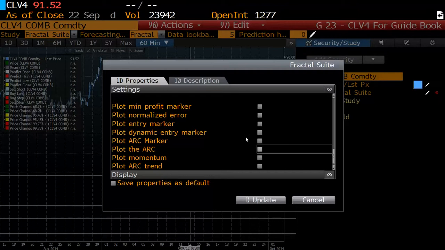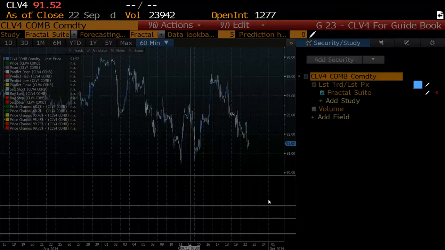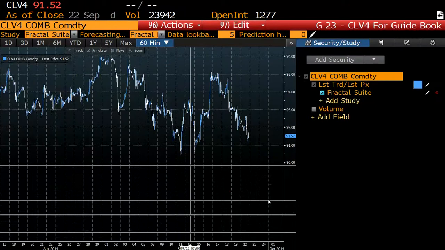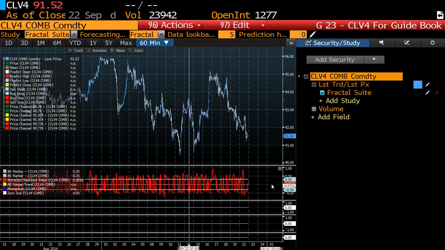And then what I will do here is check arc marker and plot the arc. The arc markers are arbitrary. The default is 0.3 and negative 0.3, as you'll see. And essentially it's just a constant that is used to measure the 0.3 marker level against the arc value. And you can change this to whichever number you like.